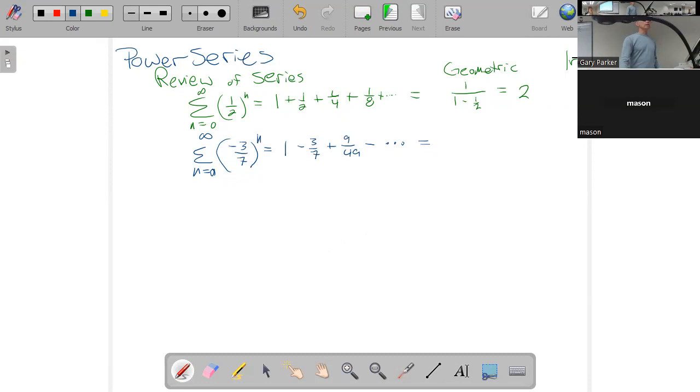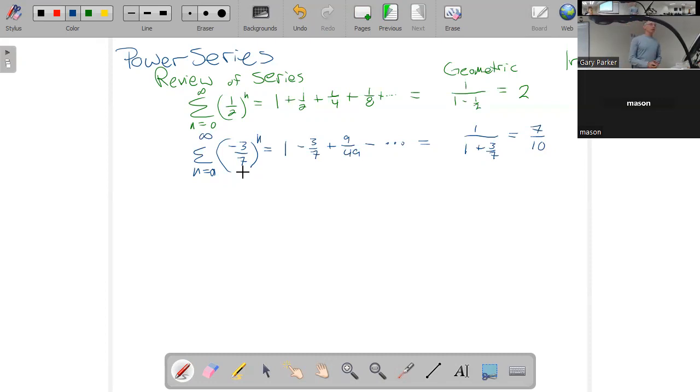This is geometric. My R here is in absolute value less than 1. So the sum of this is convergent, and its sum is the first term 1 divided by 1 minus a negative 3/7, which would be plus 3/7. 1 plus 3/7 would be 10/7, and if we flip 10/7, we get 7/10. So the partial sums should be approaching 0.7, closer and closer.